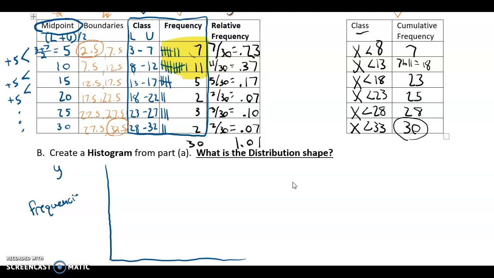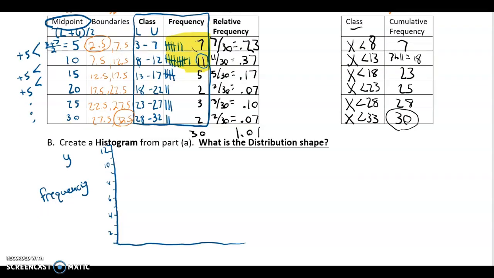And we can see that our frequencies go from 2 all the way up to our highest number, 11. So I'm going to go from 0 up to 12 on my y-axis. For my x-axis, my horizontal axis, that's where we put our classes and we use our class boundaries. So I'm going to go from 2.5 to 32.5.